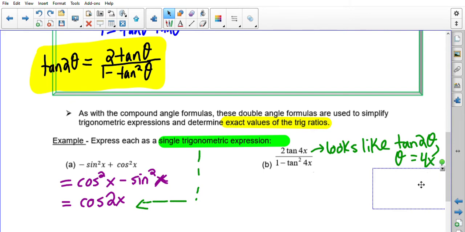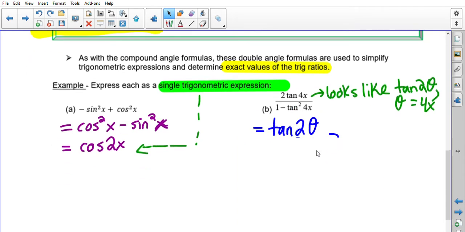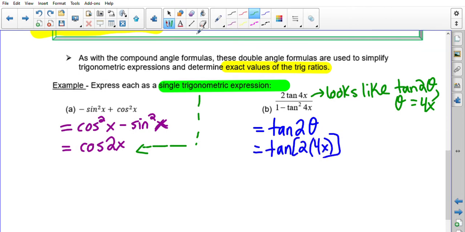So let's work backwards then. If theta is 4x, then this is equal to tan 2 bracket, and wherever I see theta, I'm putting 4x. So this looks like tan 2 theta, where theta is 4x.